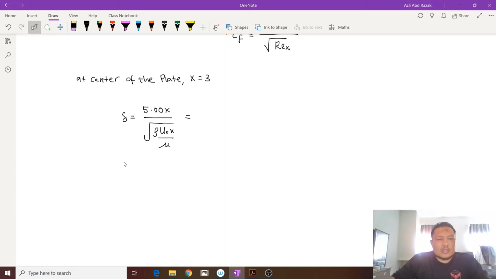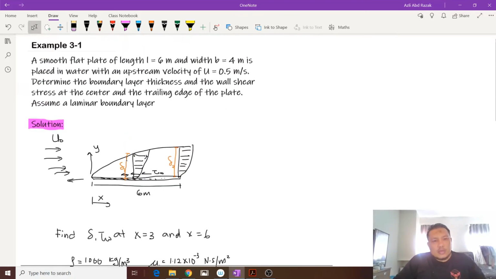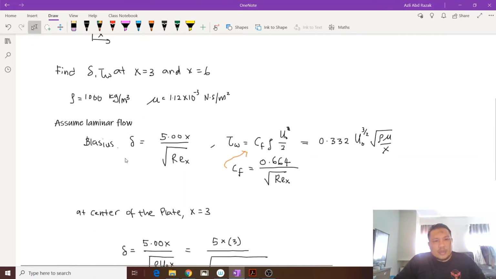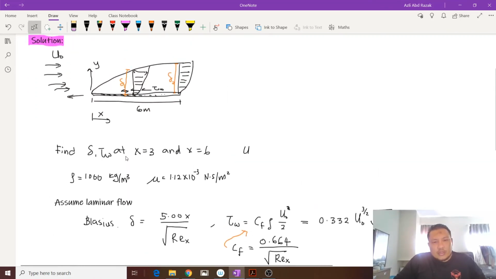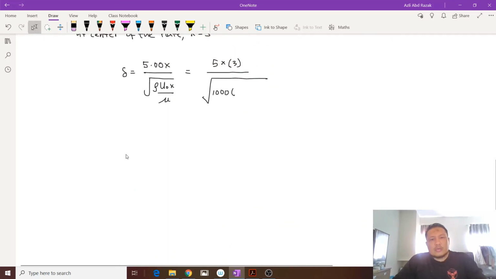If we substitute the values inside here, we get 5 multiplied by 3, and then we divide by the square root of 1000 multiplied by u naught. The u naught is given here. I forgot to put here u naught equal to 0.5 meter per second.